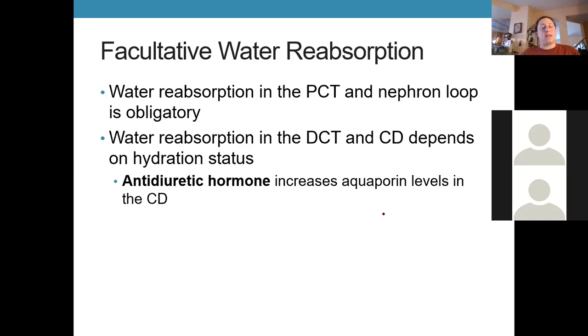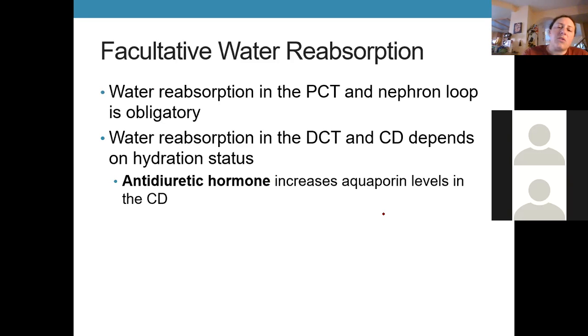All right, so I told you before that the water that gets reabsorbed in the proximal convoluted tubule is obligatory, as in it has to happen. This is true in the nephron loop as well. But the water reabsorption in the distal convoluted tubule and the collecting ducts depends on our hydration status and therefore our hormone status, specifically antidiuretic hormone, but to a lesser extent aldosterone controlling sodium reabsorption as well.